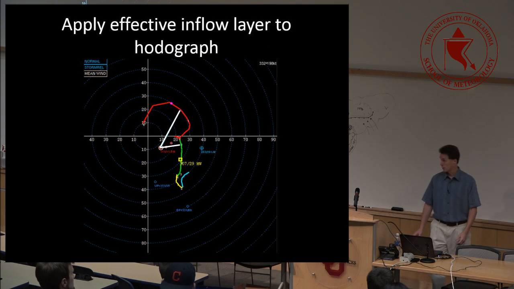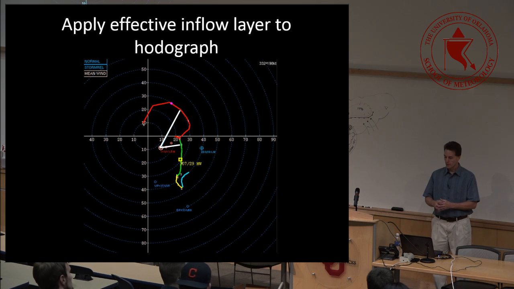If we apply this to a hodograph for the same case, the white lines denote the area swept out from the storm motion, which is the little circle, the point there, moving southeast at 15. In this case, it's only the curvature in the upper part of the 0 to 3 kilometer layer.